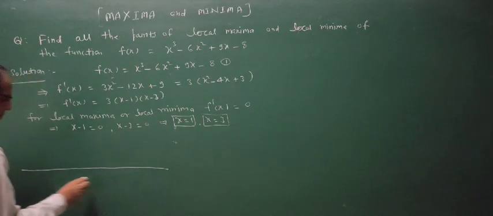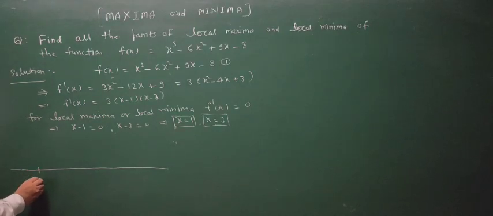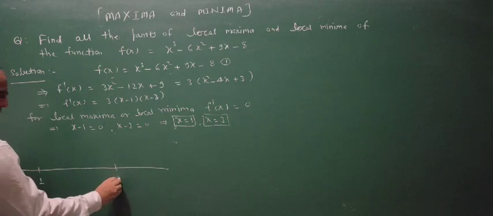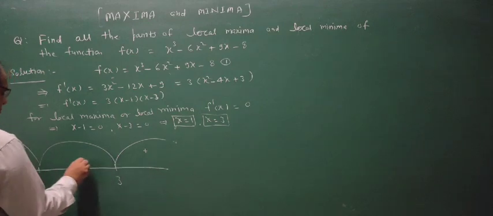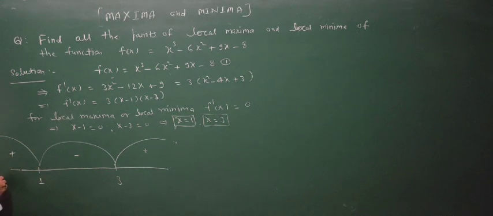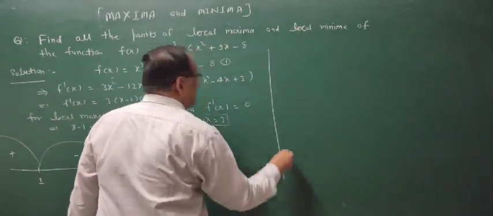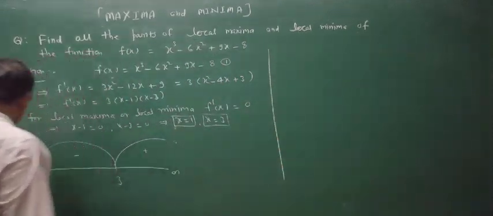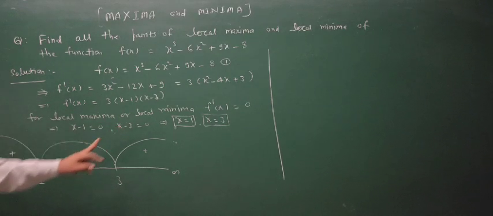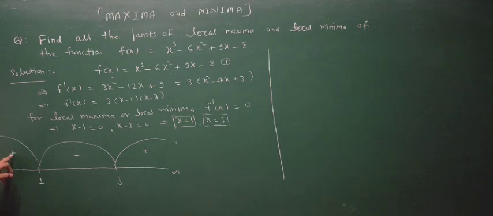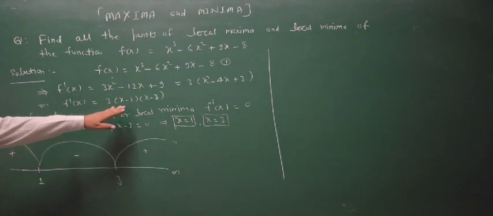Draw a number line and take 2 points. One is 1 and another point is 3. Positive, negative and positive, from minus infinity to infinity. If we check by this number line, this is showing that before x equal to 1, the f dash x sign is positive.